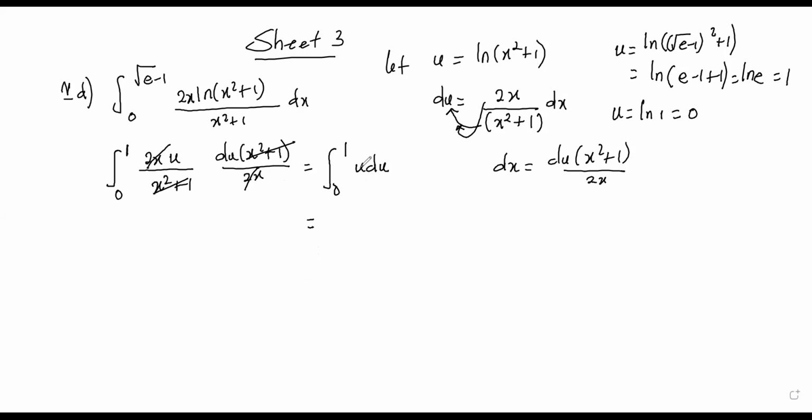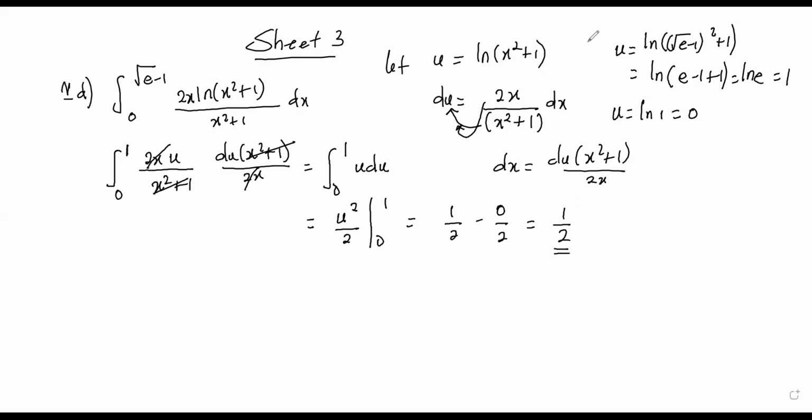And then from there, we now integrate. So we're going to have u squared over 2 with our integral 0 to 1. Then we substitute where there's u, we put 1 over 2 minus 0 over 2, which is equal to 1 over 2. You see that? So we have not gone back to substitute what our u is because we changed the limits of integration.